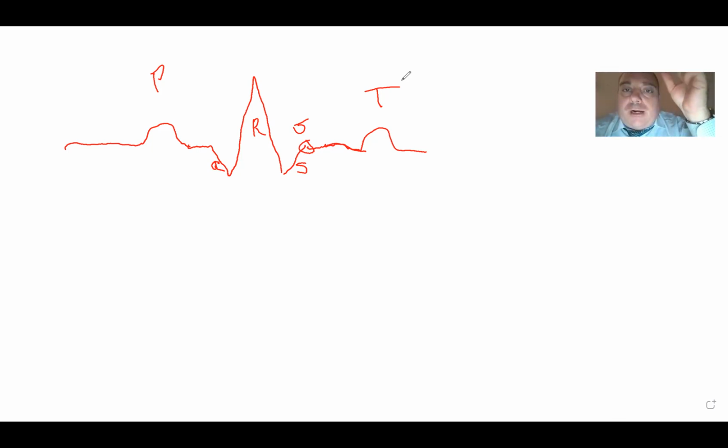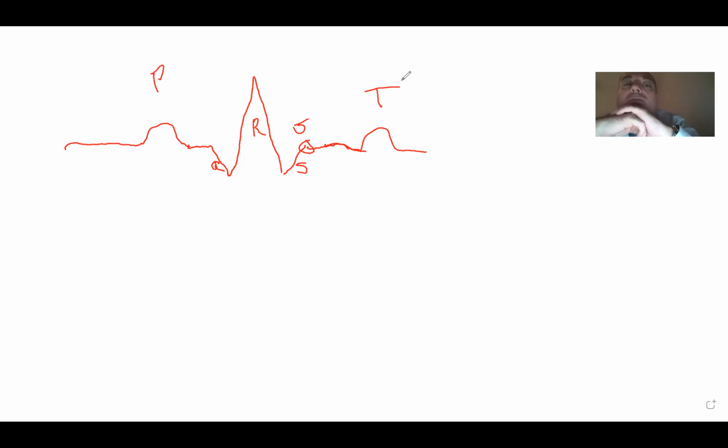The atriums contract, and while they contract, the ventricles are filling. Then when the ventricles are ready to contract, they do, and the atriums at that point are filling themselves. So a P wave, atrial depolarization, should under normal working circumstances equate to atrial contraction, and a QRS, ventricular depolarization, should equate to ventricular contraction.